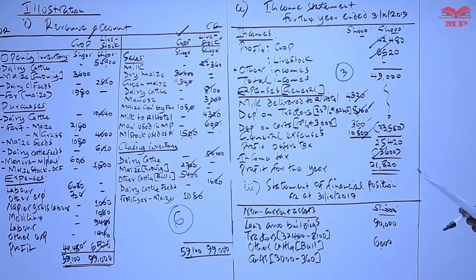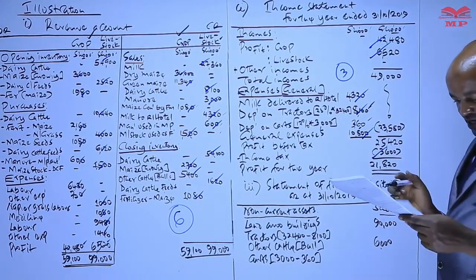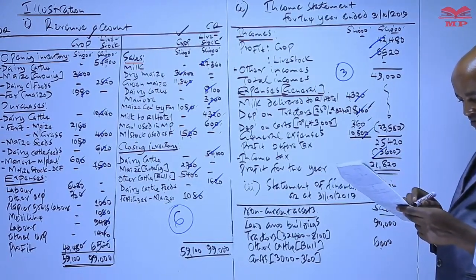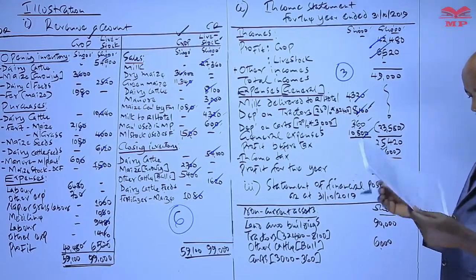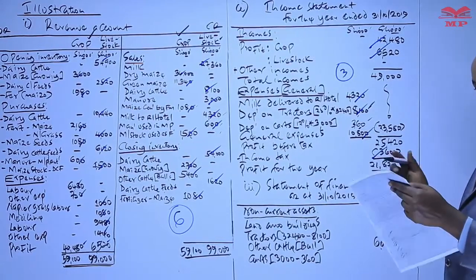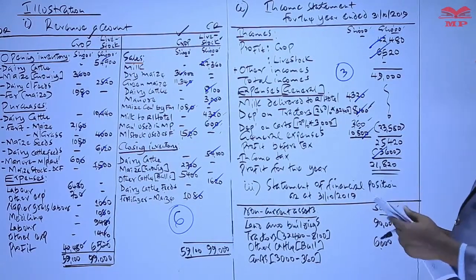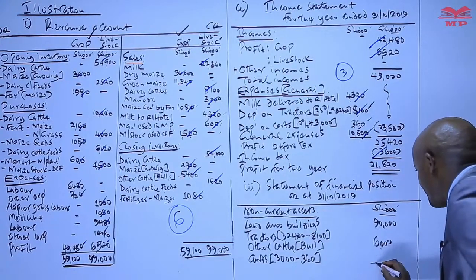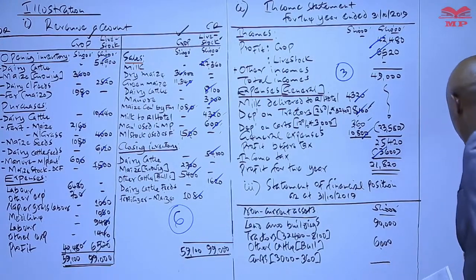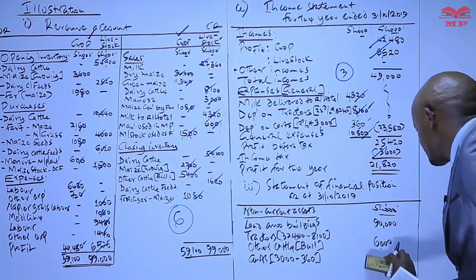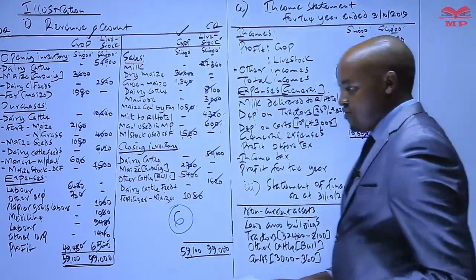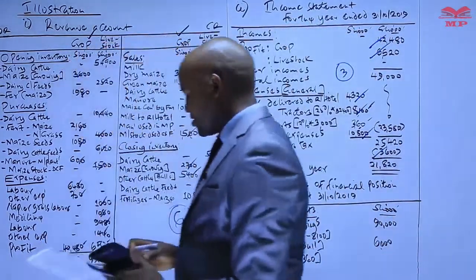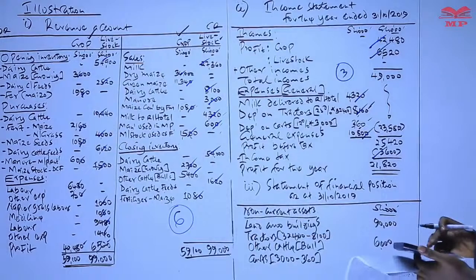Okay, maybe you can just confirm whether we have any other item of non-current assets in the trial balance, and I don't think so. So let's now get the final figures for these two assets, starting with tractors.